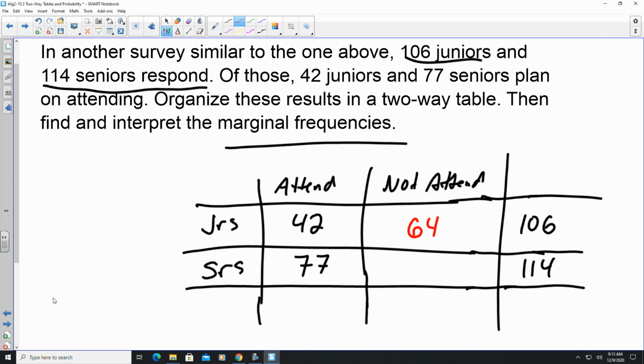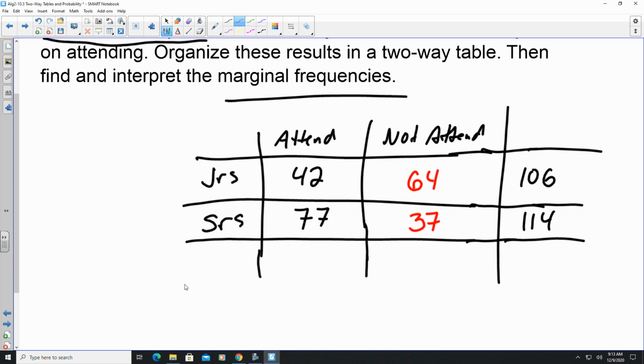I could figure out how many seniors did not attend by taking 114 minus 77, which gets us 37. Then I can figure out how many juniors and seniors attended by taking 42 plus 77, which gets us 119. I can figure out how many did not attend by adding 64 plus 37, which is 101.